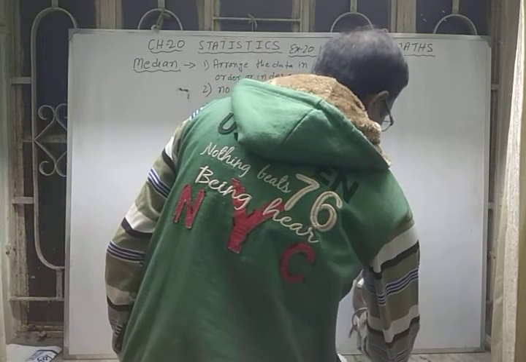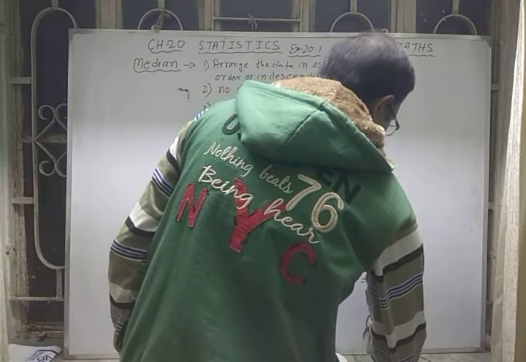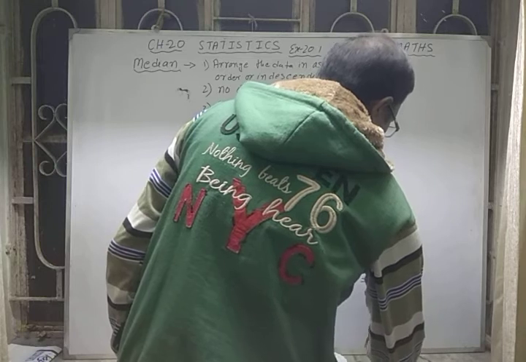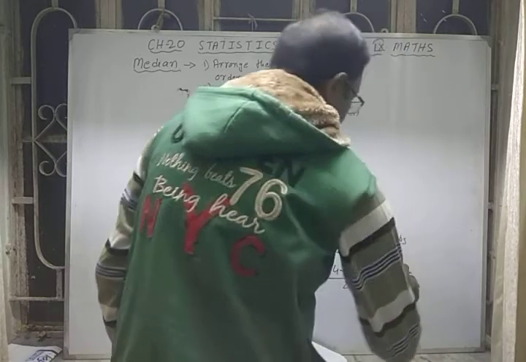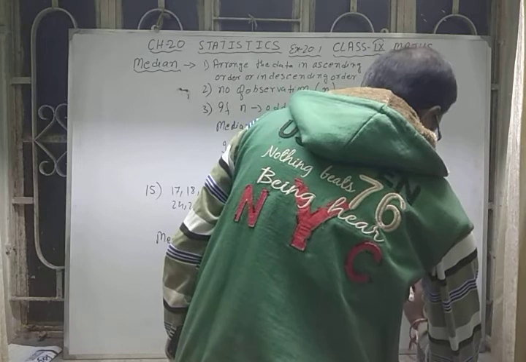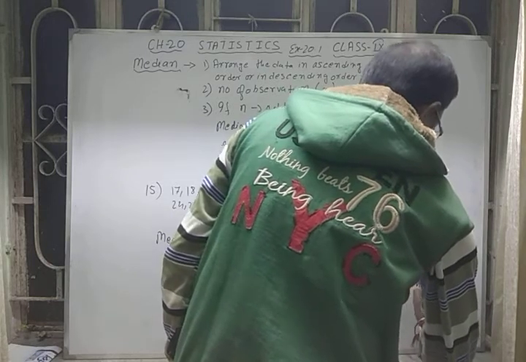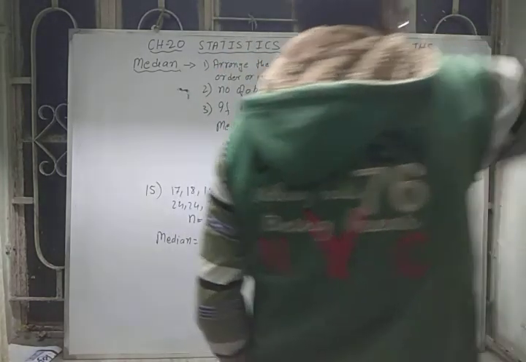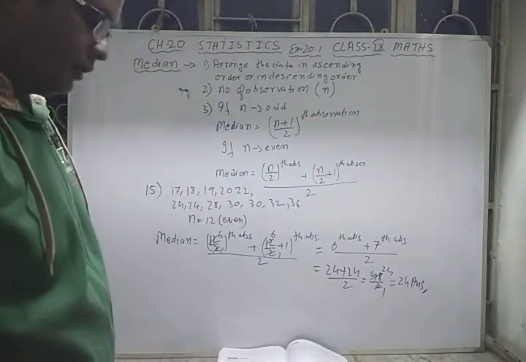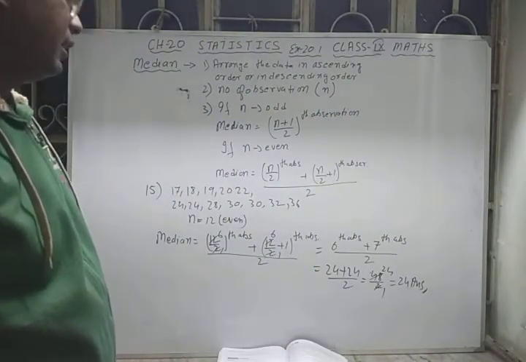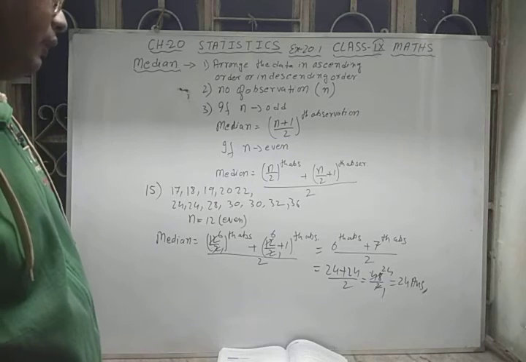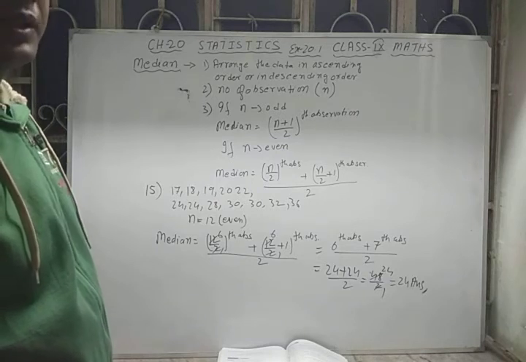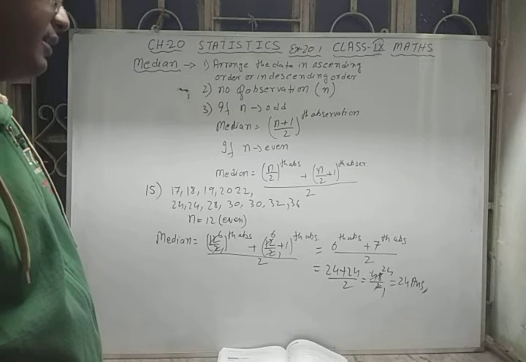That is equal to 48 by 2. 2 ones are 2, 2 twos are 4, so the answer is 24. Okay. So in this way you can find the median of this ungrouped data whose number of observations is 12, which is even.